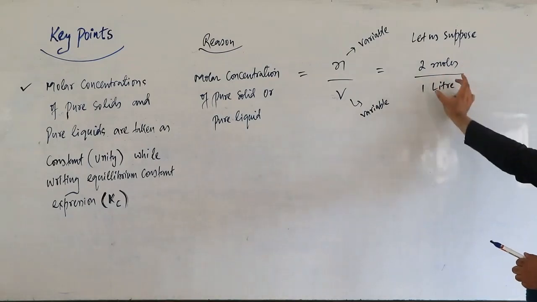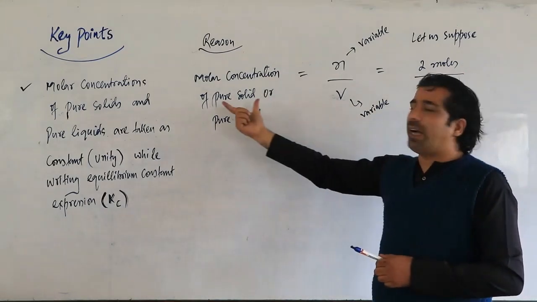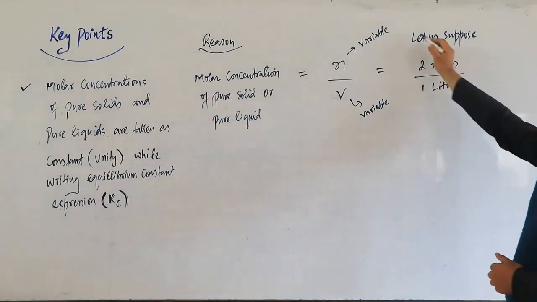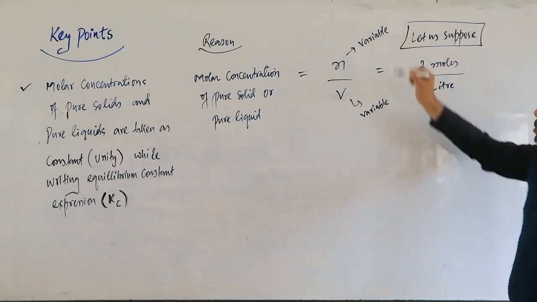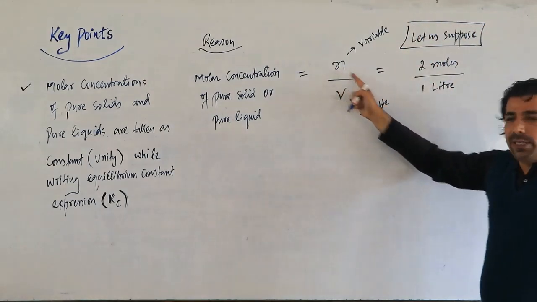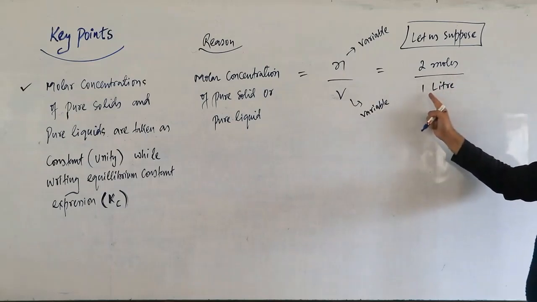So this is basically the molar concentration of either your solid or your pure liquid. So I have supposed 2 moles of solid or liquid divided by the volume occupied by the solid or liquid, correct?